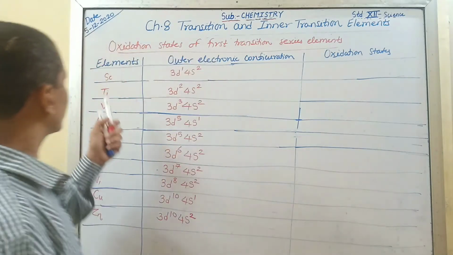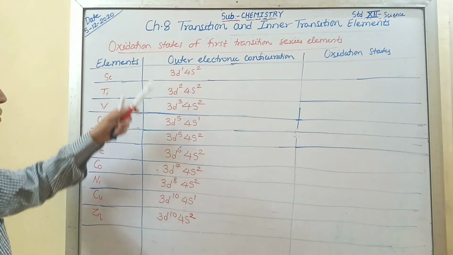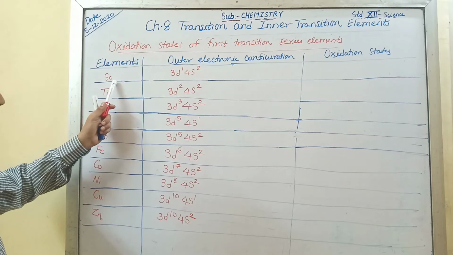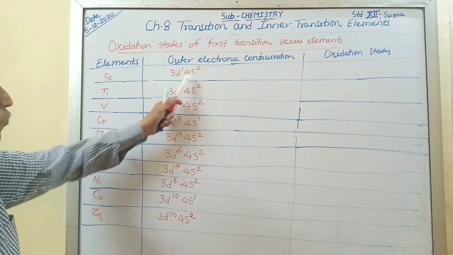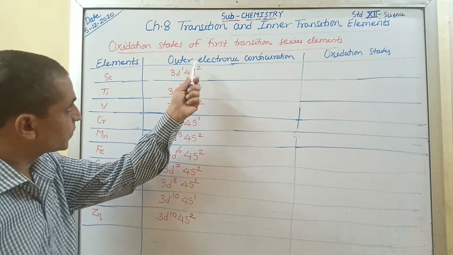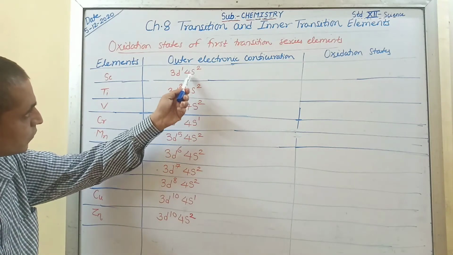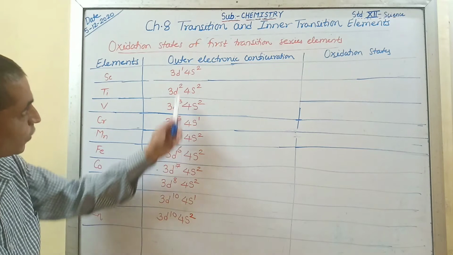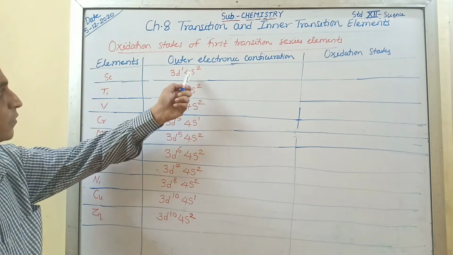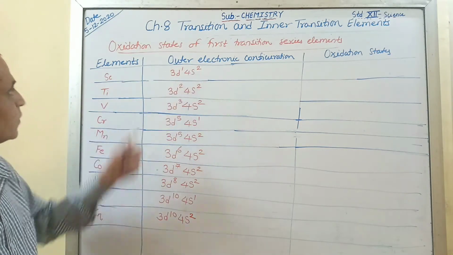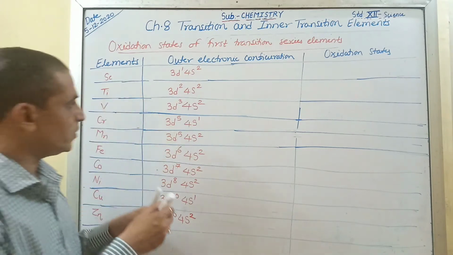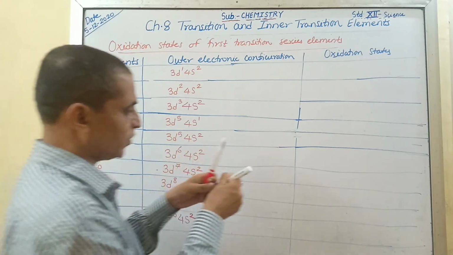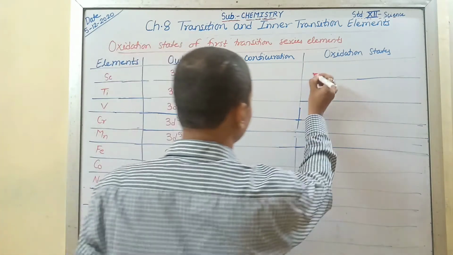Now come to the oxidation states. First we consider scandium, 3d1 4s2. The 4s subshell contains 2 electrons, so +2 oxidation state is common for all the elements.